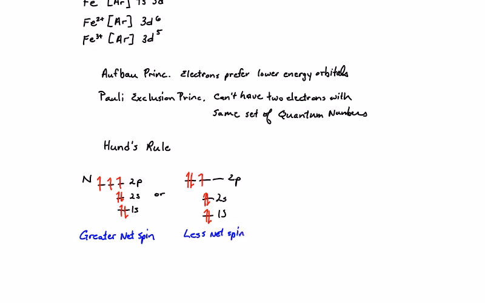So what Hund's rule tells us is that we need to arrange electrons to maximize spin.